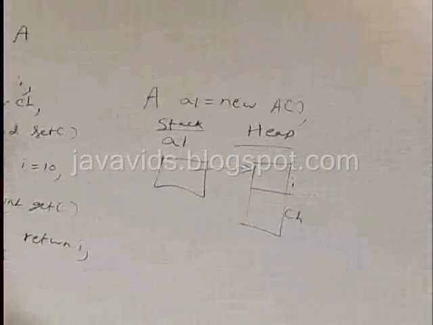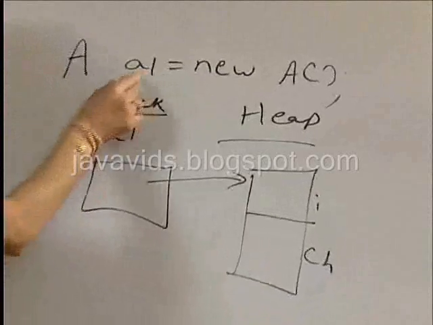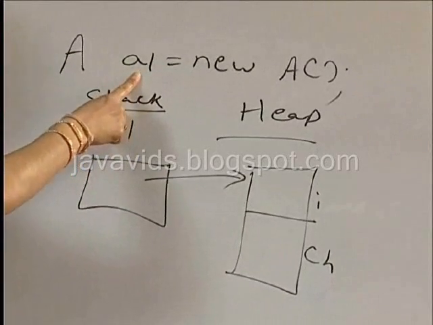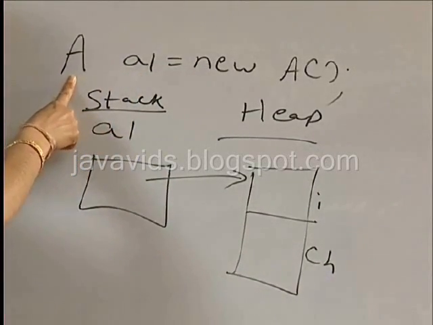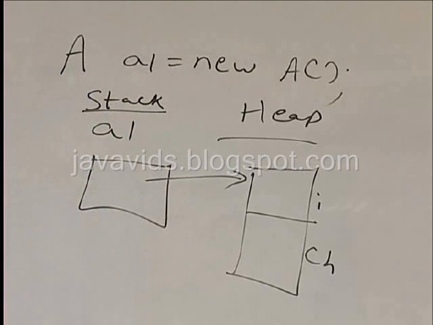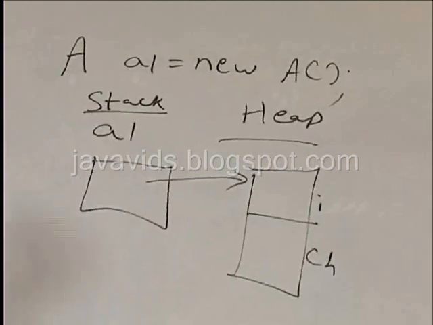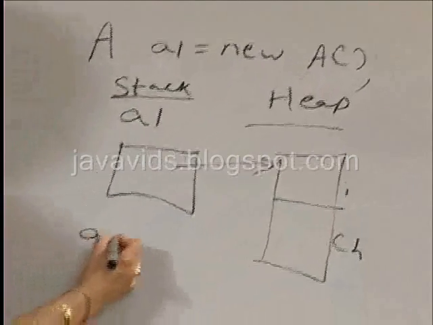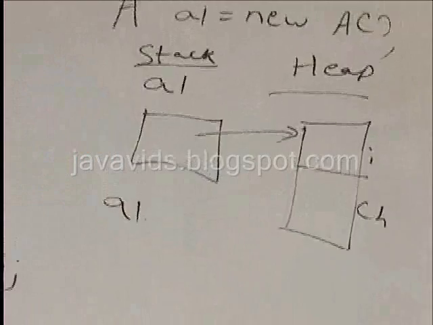Okay? So this particular variable A1, which is of type A, is called an object or an instance variable of a class. Now using this instance variable, we access the members of the class.